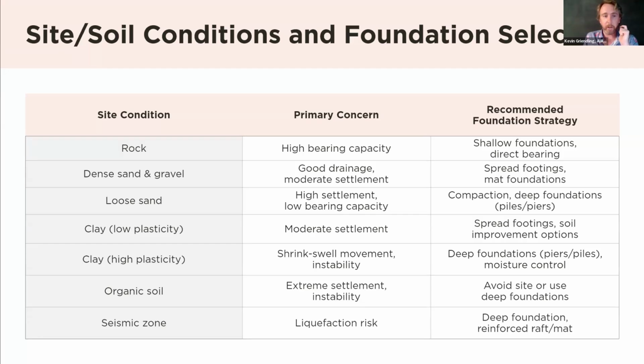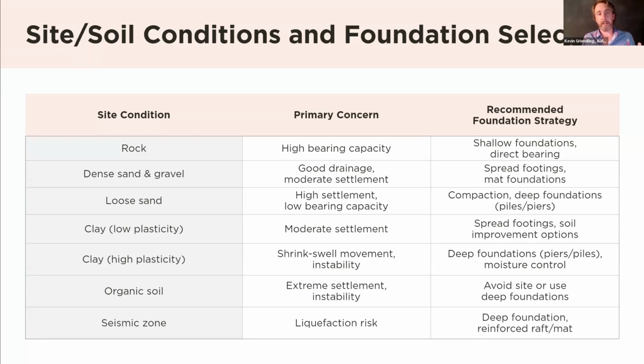Lily, for your edification, every single one of my courses is produced using the ARE 5.0 NCARB matrix for the resources that were used to create the exam. So here we're looking at site and soil conditions and foundation selection, right? On the left-hand side our site condition, in the middle column what is our primary concern, and on the right column what is the recommended foundation strategy.